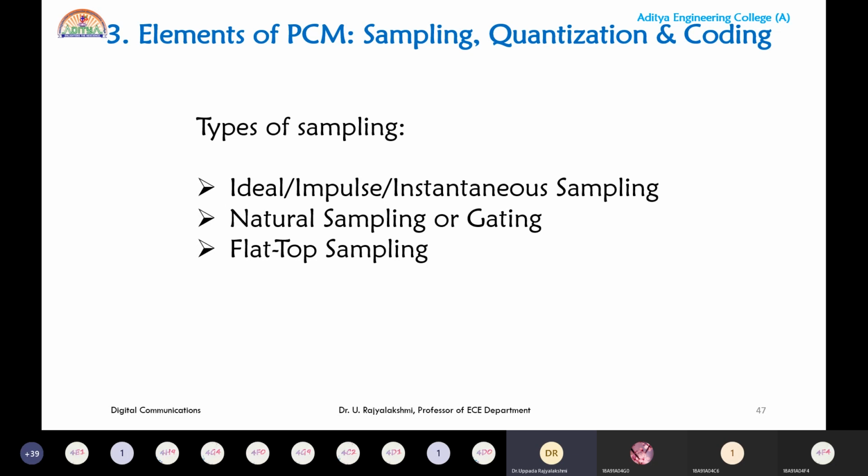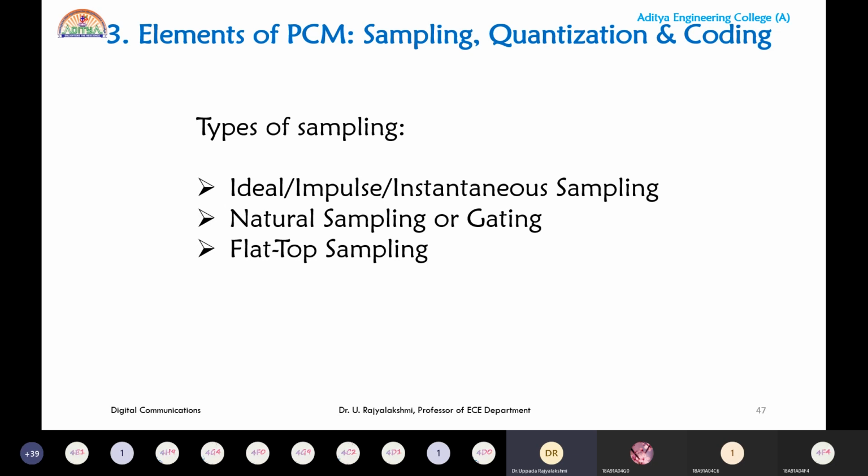Okay, so it is ideal in nature. The second one is natural sampling, which is also called gating. And the third one is flat top sampling. Out of these 3, we know flat top sampling is the best sampling technique when compared to the first and second types.